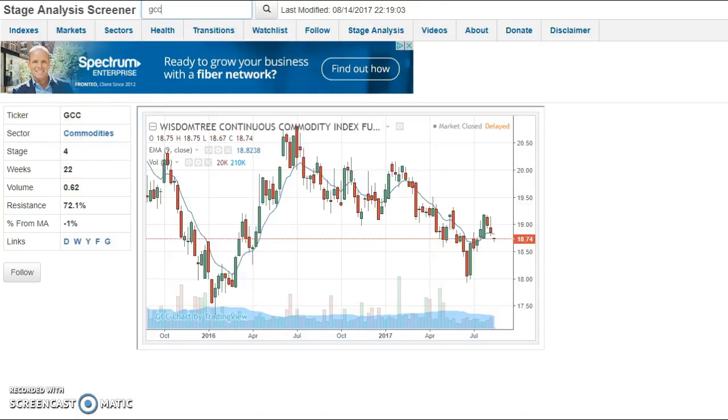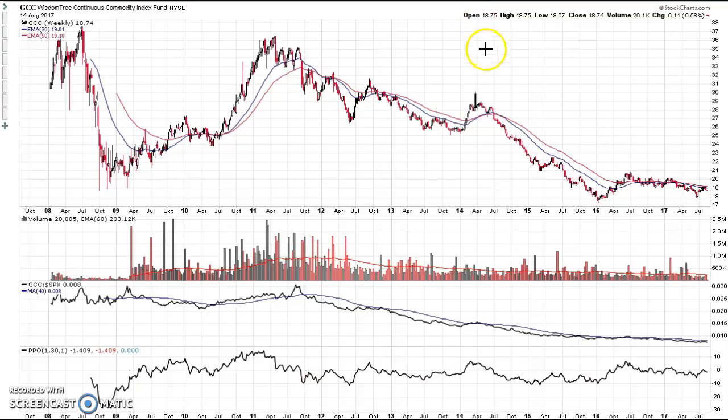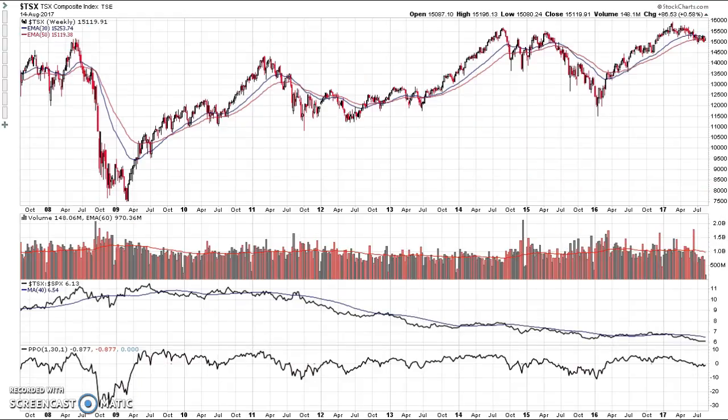And if I look at the chart of GCC, again, it's been in a long-term bear market for a while now, and it's been basing out for the last year and a half, but it still hasn't broken out again back above the moving average as it did in 2016 for a little while. And that's why we saw that strength in the TSX for a while in 2016.